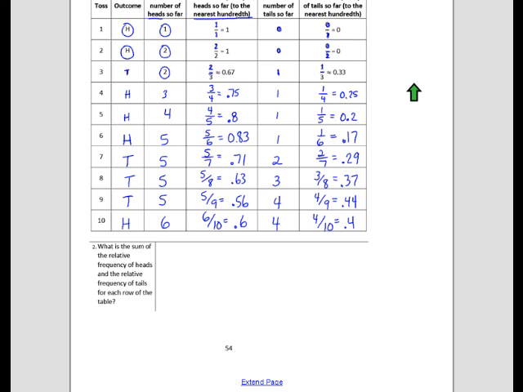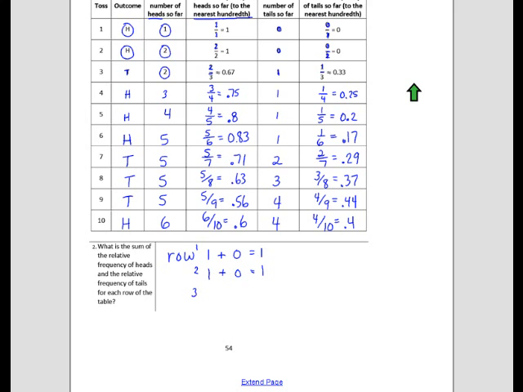Question 2. What is the sum of the relative frequency of heads and the relative frequency of tails in each row of the table? So in row 1, the relative frequency of heads is 1 and the relative frequency of tails is 0. In row 2, the relative frequency of heads is 1, the relative frequency of tails is 1.